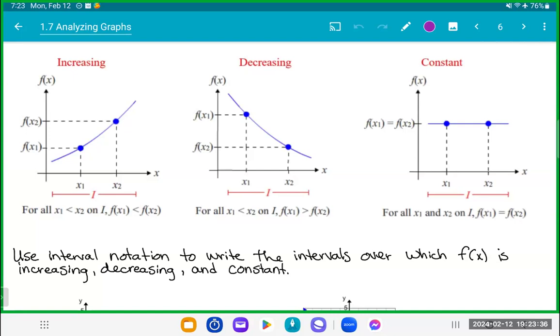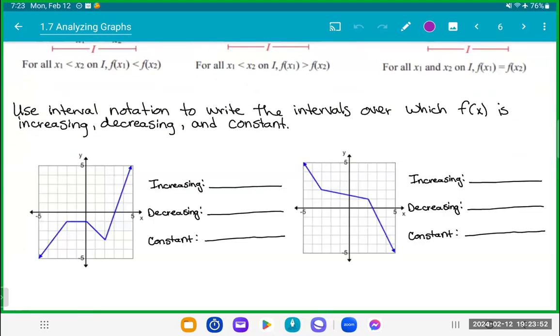And if I'm held constant, like Y equals 7, no matter what my X value is, my graph is always that constant value. That's when we would say a graph is constant. Okay. So using that idea, we can look at a couple of graphs here and determine when is the graph increasing, when is it decreasing, and when is it constant.